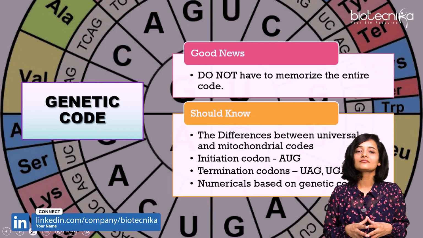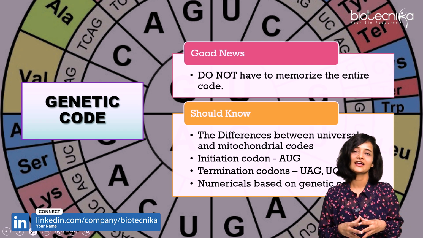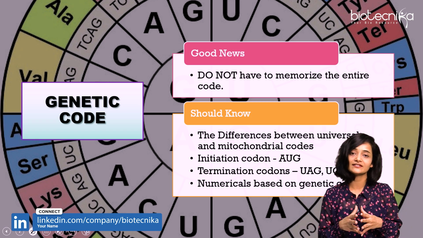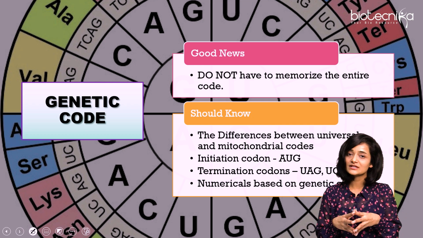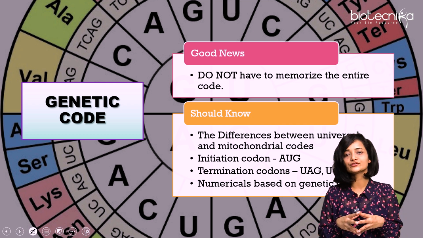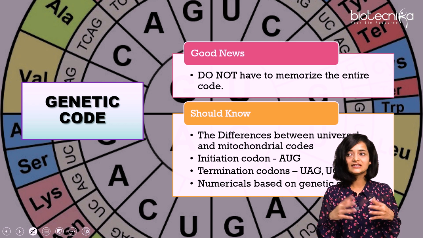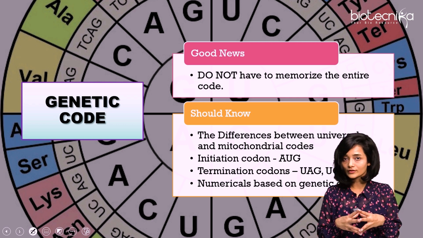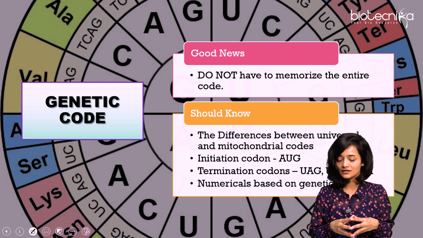Yes. Then comes the genetic code. There is a huge table given both in Watson as well as in Lehninger, but the good news is you don't have to remember the code for each and every amino acid.